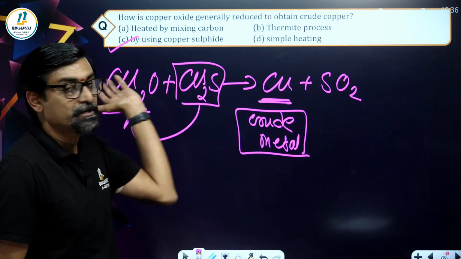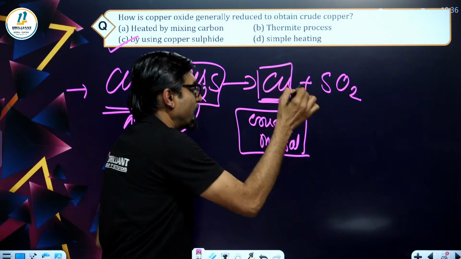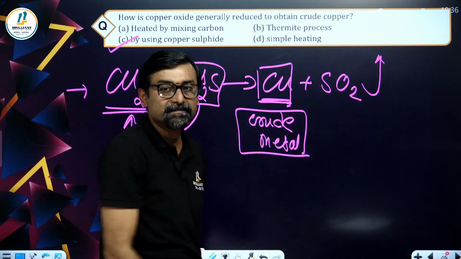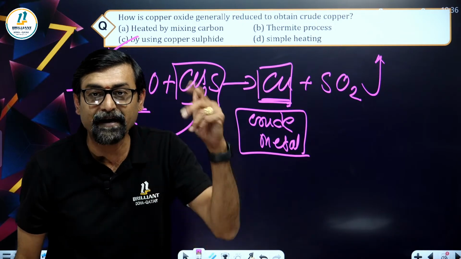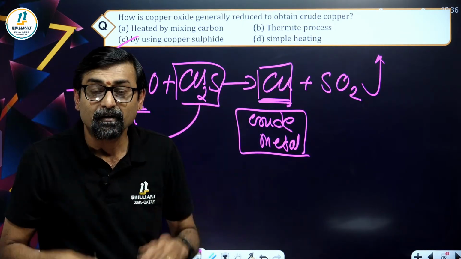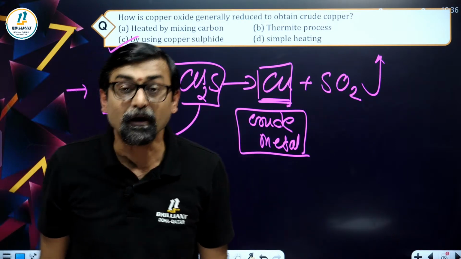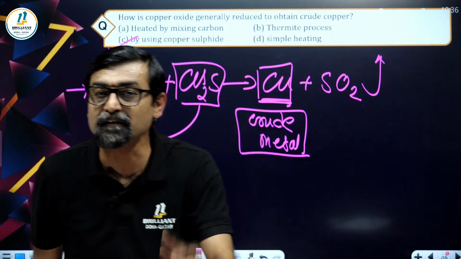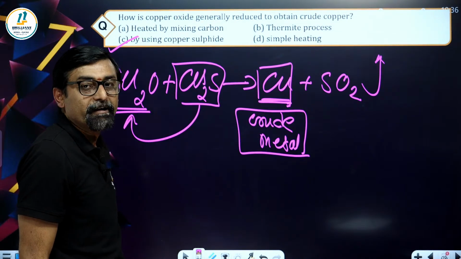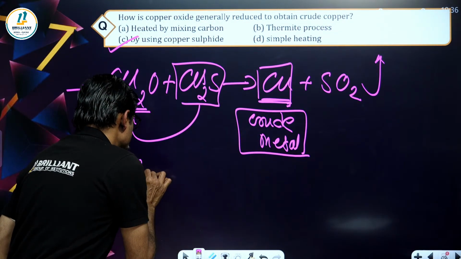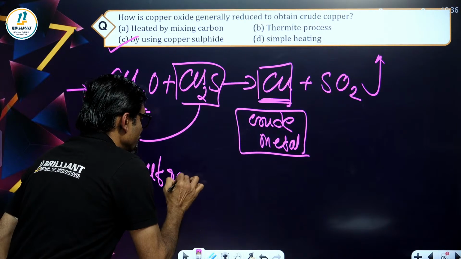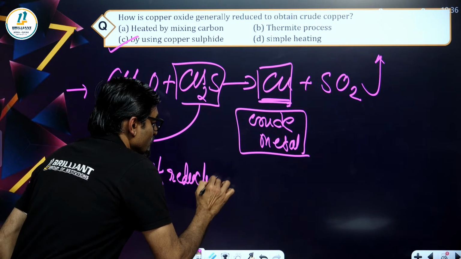The oxide gets reduced to copper and releases sulfur dioxide gas. This sulfur dioxide gas is identified by a burning sulfur smell. So this process we call self-reduction. Very good, children, very good.